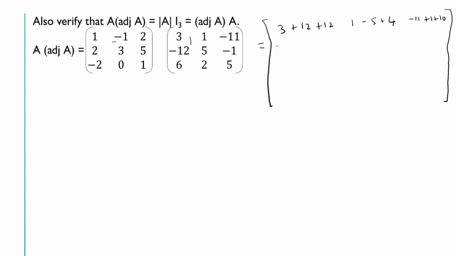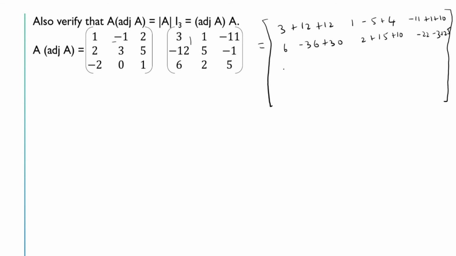Then we have 6 minus 36 plus 30. Then 2 plus 15 plus 10. Then we have minus 22 minus 3 plus 25.